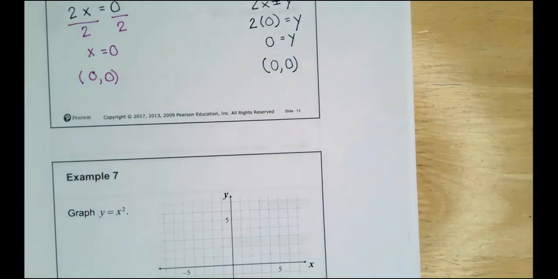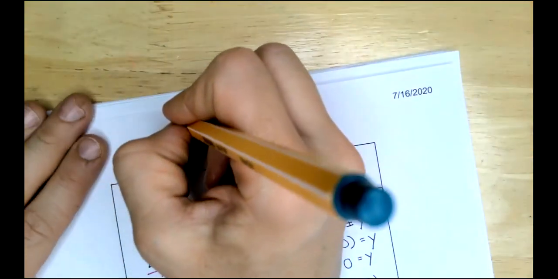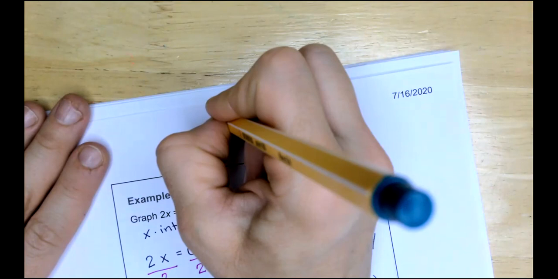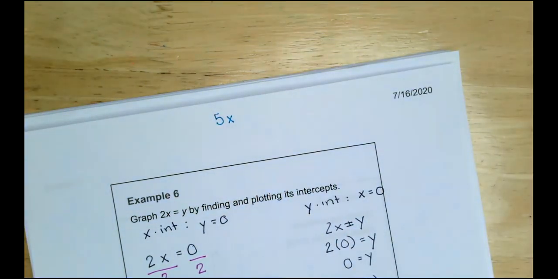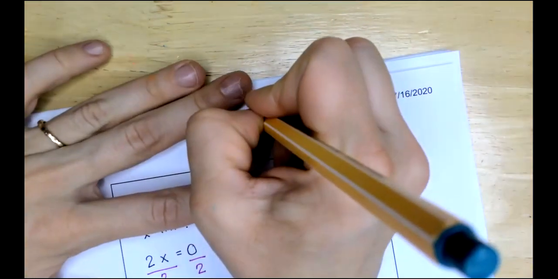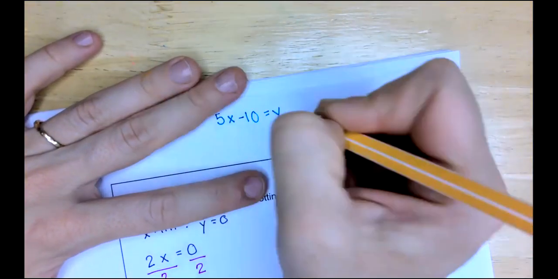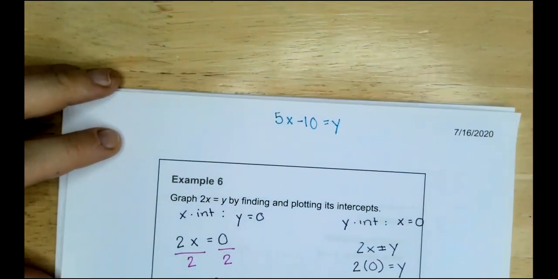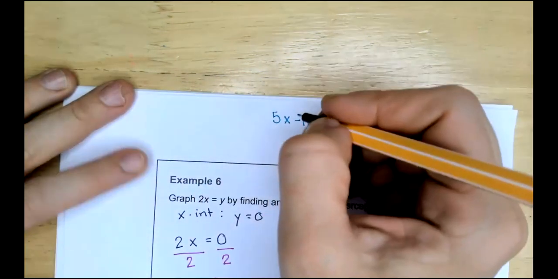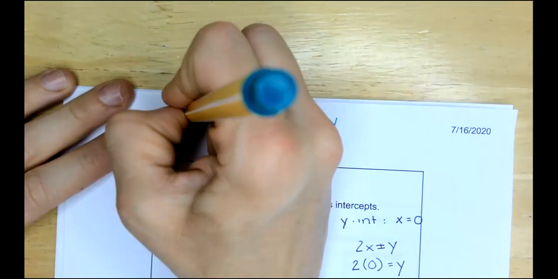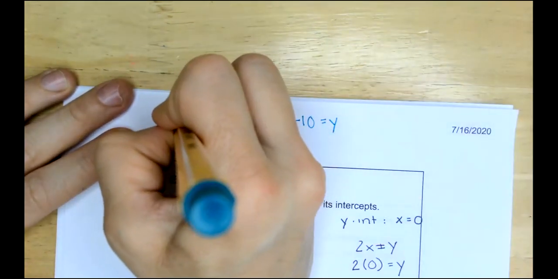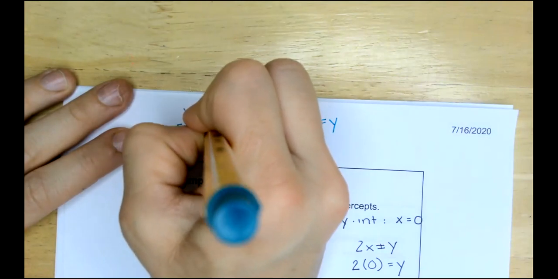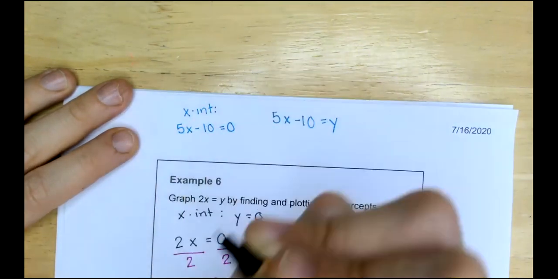Let's do another one. Graph 5x minus 10 is y. Let me think of something good. Okay, so if I wanted to find my x-intercept, y has to equal 0. So for my x-intercept, it's going to be 5x minus 10 is 0.